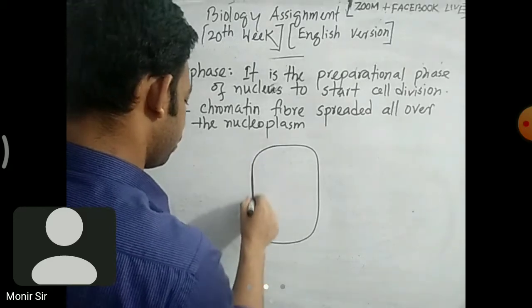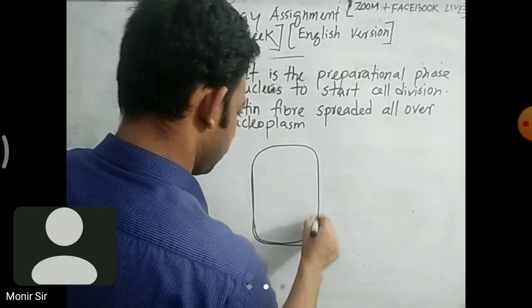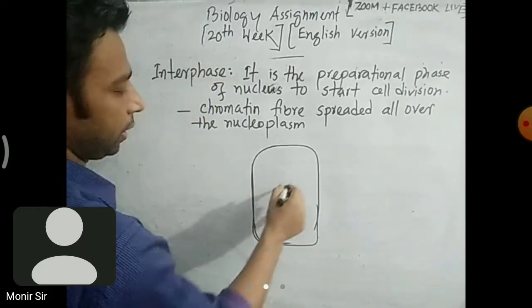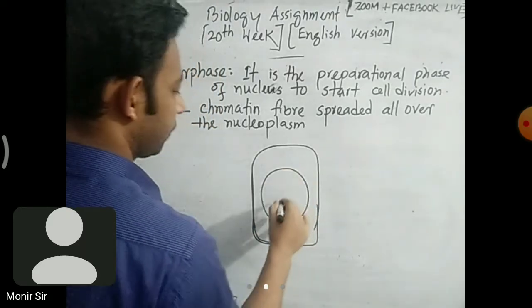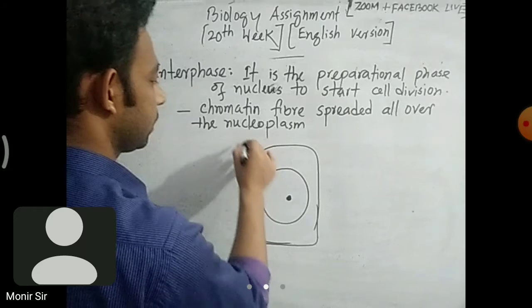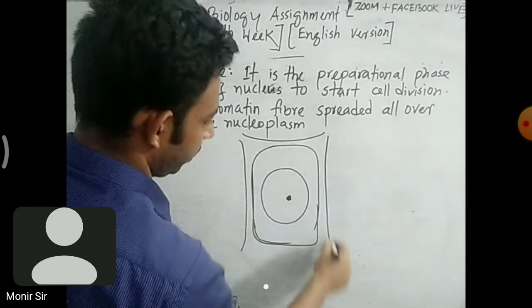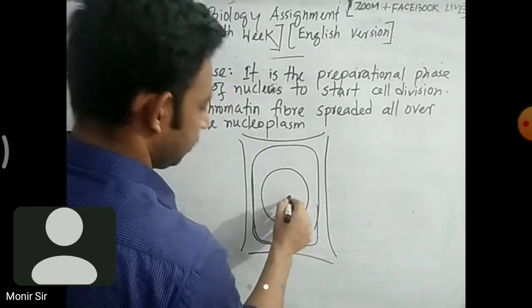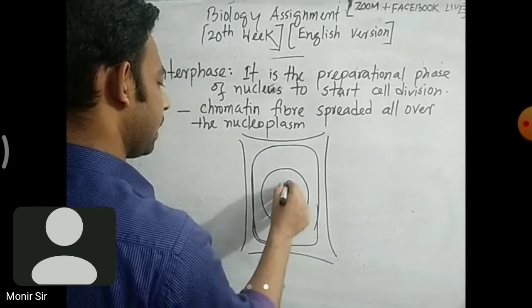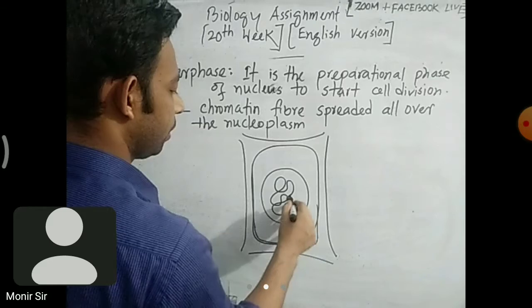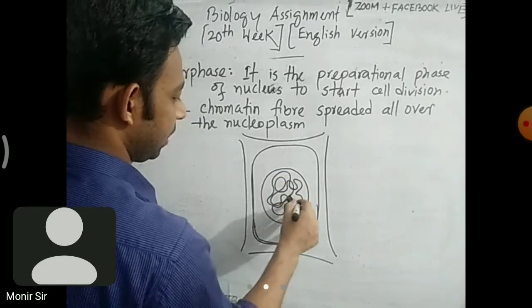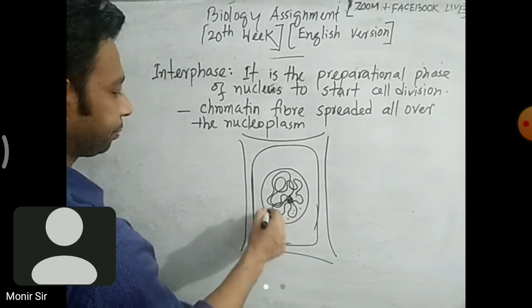I just try to make it figure in this way. You can better follow the drawing of that one. The nucleus and the chromatin fiber. Normally inside the nucleus we have seen in there.